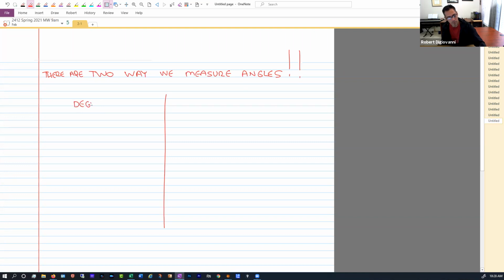Degrees, and that's 360 in 1 revolution, or we can use radians, which tells us there's 2 pi radians in 1 revolution. So there's 2 ways we can measure angles.